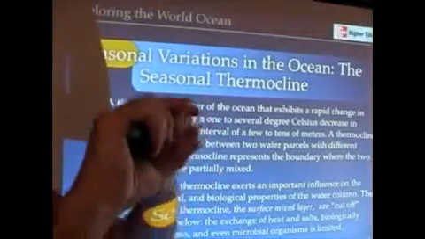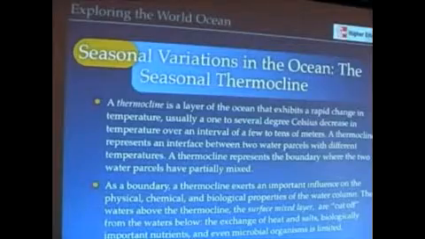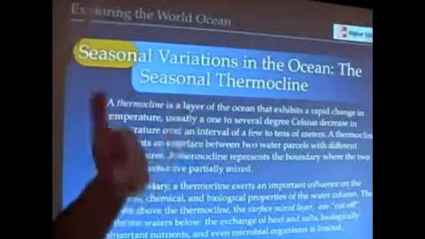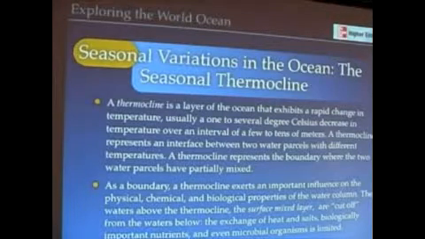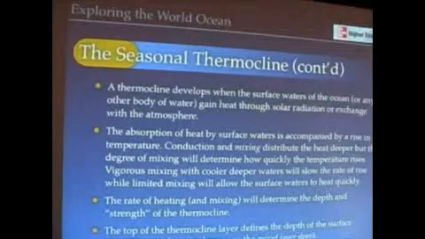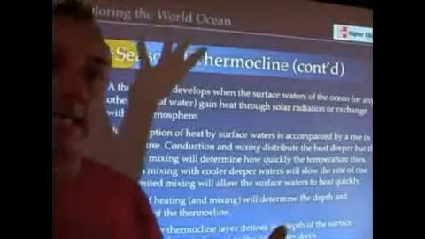So there's very little that's exchanged across that thermocline. So in terms of physical, chemical, and biological properties, the surface layer is going to be very distinct from the layer beneath it. The thermocline begins to develop as the ocean gains heat.